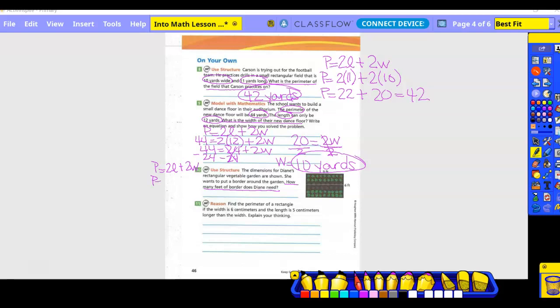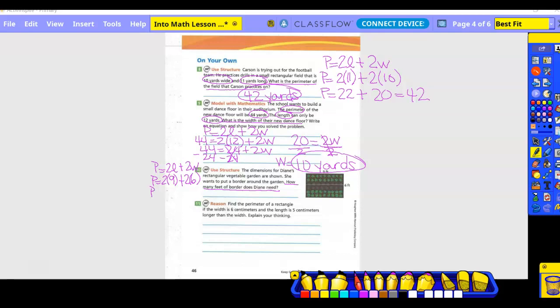And then I'm going to plug in my numbers. So I'm going to rewrite P equals 2. What's my length? 9. It's over in the picture, right? 9 plus 2, and what's my width? Over in the picture, 6. Then I'm going to rewrite my formula and put in the numbers.